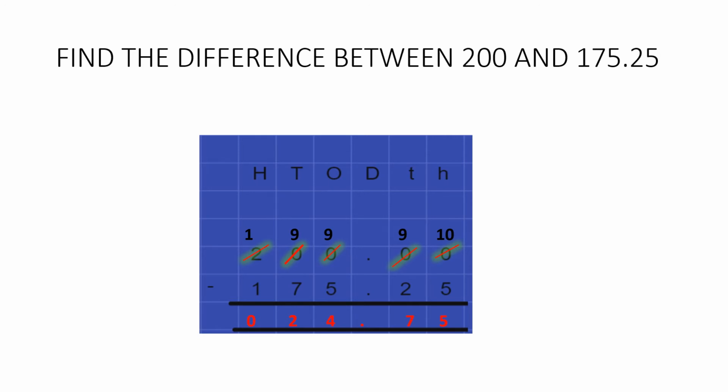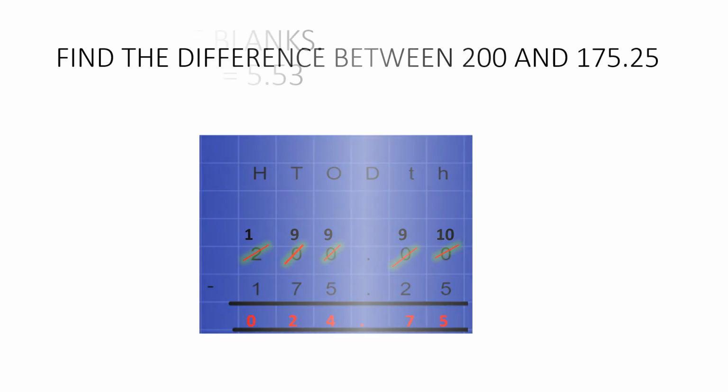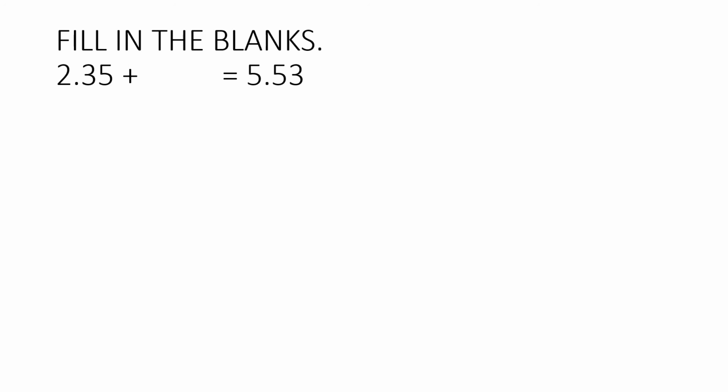In this exercise, we have to find out the blank spaces also. Look here, the question is 2.35 plus dash equals 5.53. Means in this number what we will add so that the sum will be 5.53.